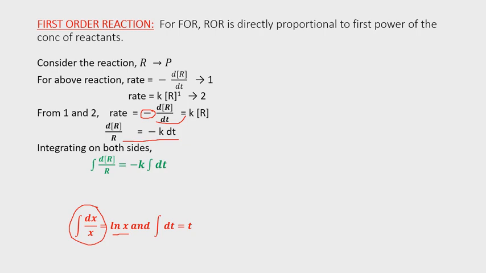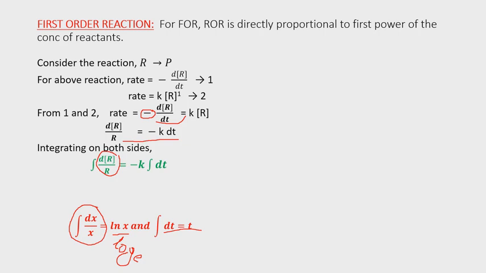Ln is log base e. So ln x. Similarly, integral dR by R, where x is replaced by R, you will get ln R. Here integral dt equal to t, so you are getting t. Here also integral dt equal to t.